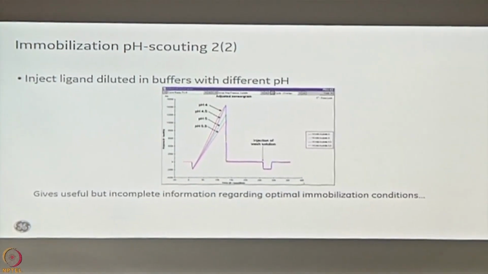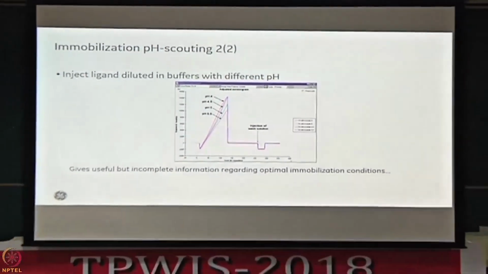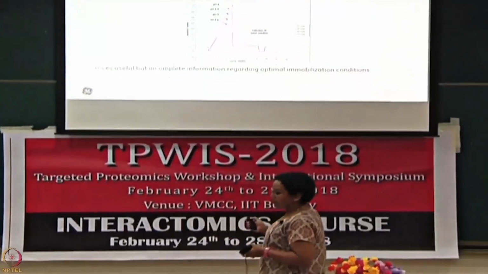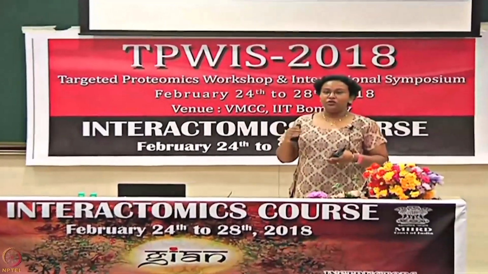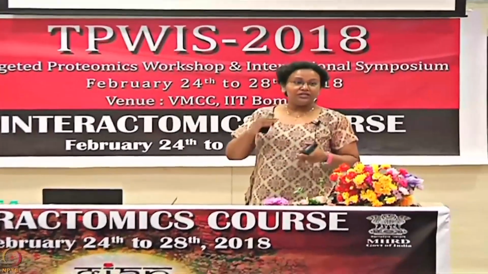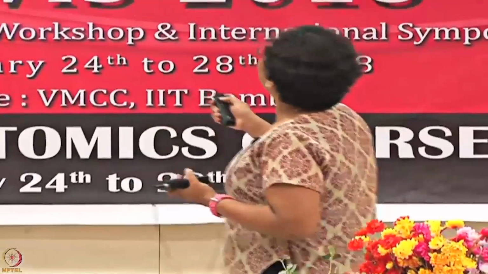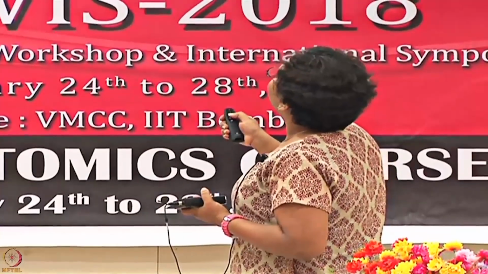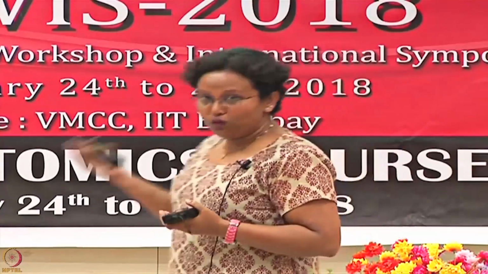Mix them in the same concentrations but different buffers, run them, and compare and see what the peak is like. Remember, here there is no immobilization happening, it is just pre-concentration, only the attraction that is happening, and then you see the increase in RU here. In this case you can see that pH 5.5 is the lowest and the highest is pH 4.